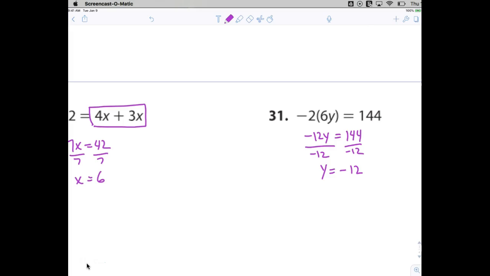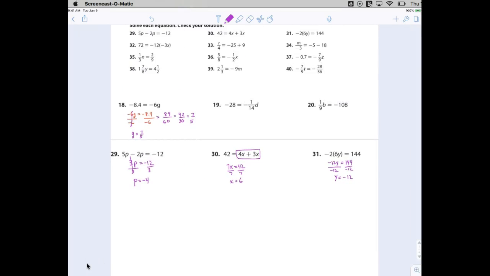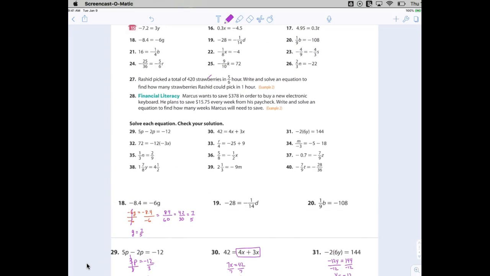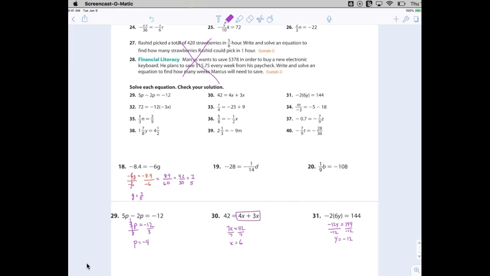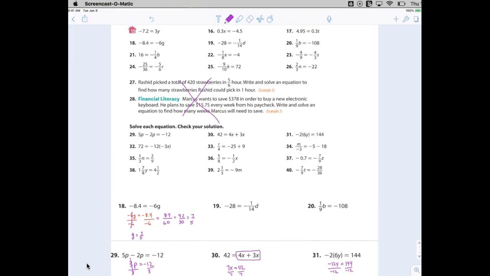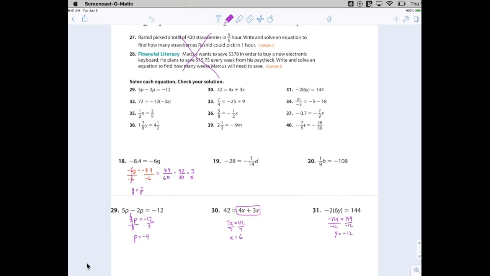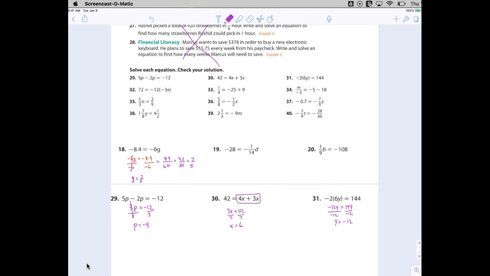What would y be? Okay, so now I'm going to pass out the test. But your job now is to try to finish up through 40. But listen, I don't care about the word problems. Okay? So you have 19 through 26, and then 32 through 40.